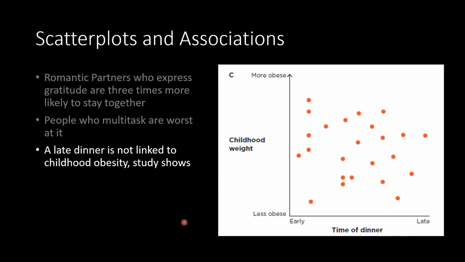And so this would be an example of a situation where two variables are not, or very loosely at best, related. You can see this represented by this sort of cloud of gnats that you see here with all of the dots. And just in case it wasn't clear, each of these dots represents an individual who is being measured. So this is one child who is low on obesity and eats early dinners.